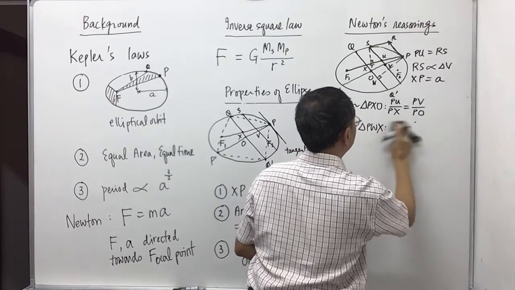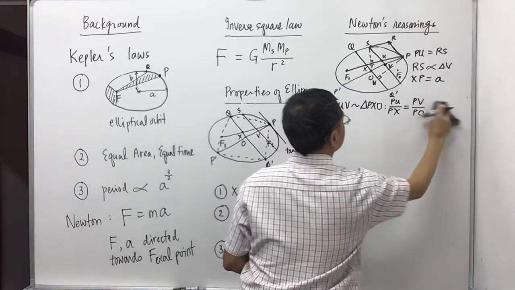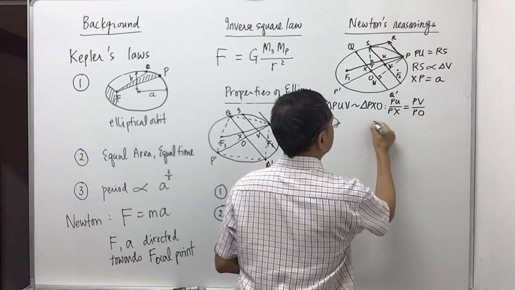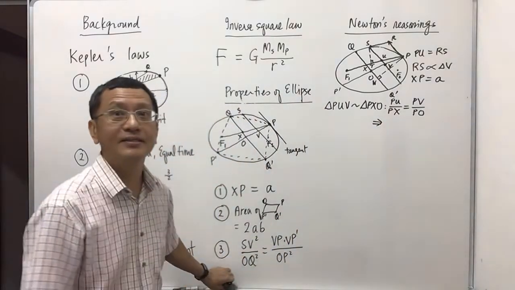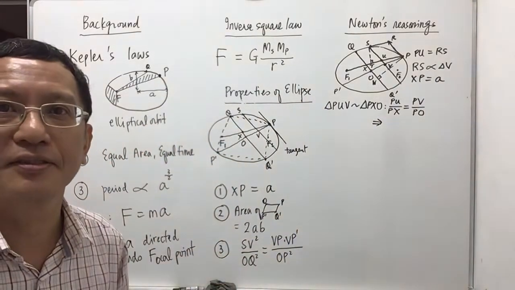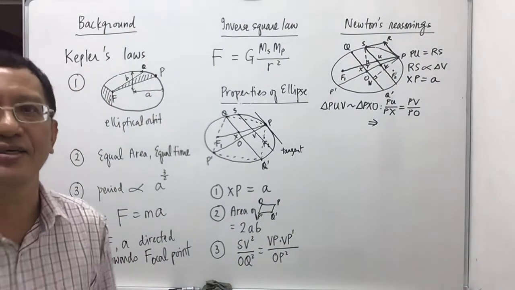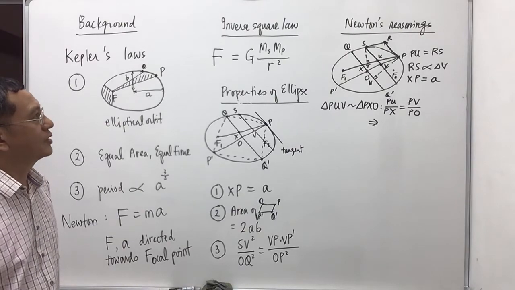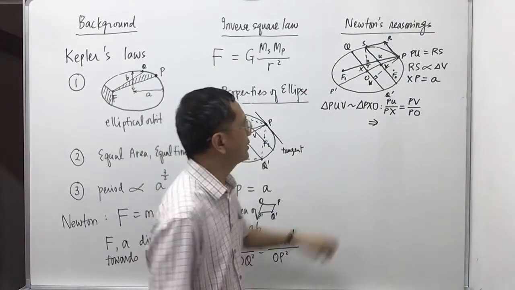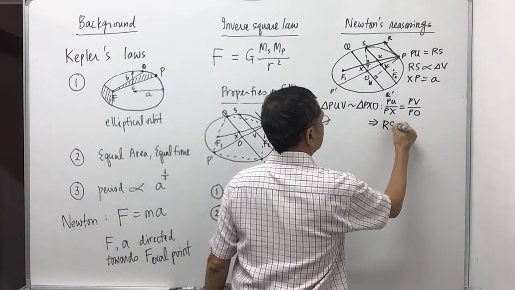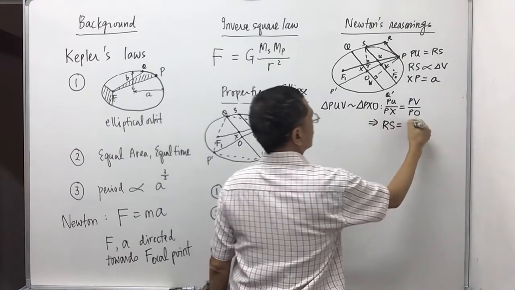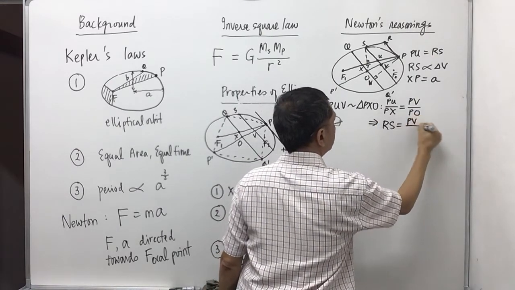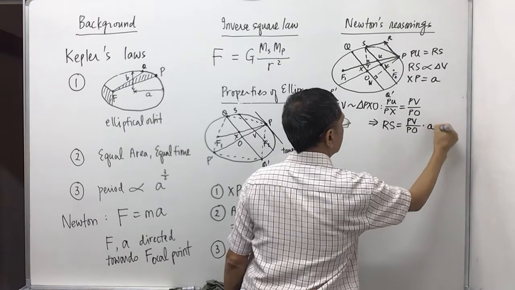Okay, let me change a little bit, because there isn't enough space over there. Okay, PU is my RS, so I can write RS equals to, PX is A, so it's PV over PO times A.